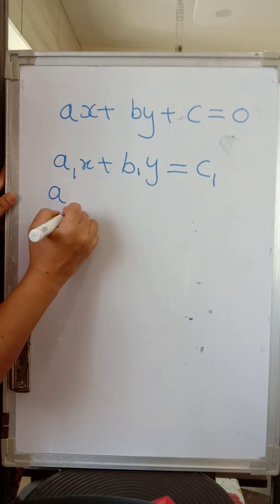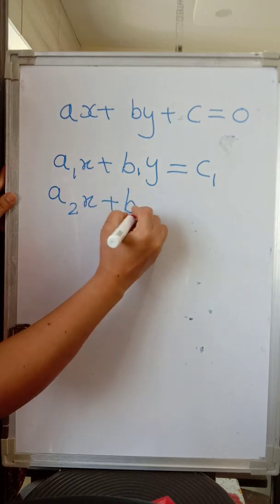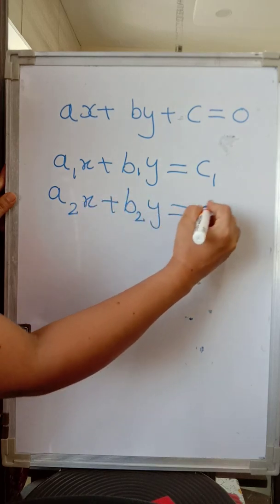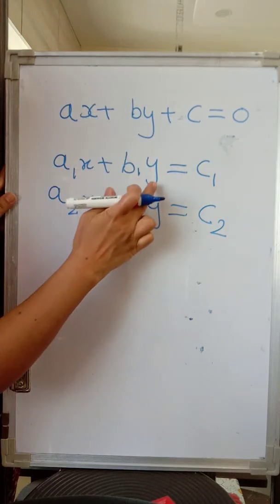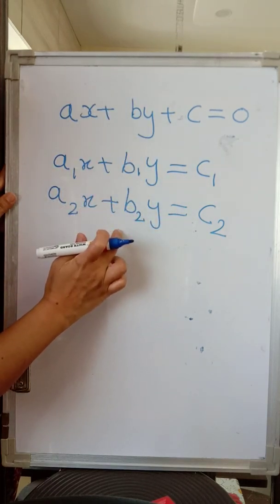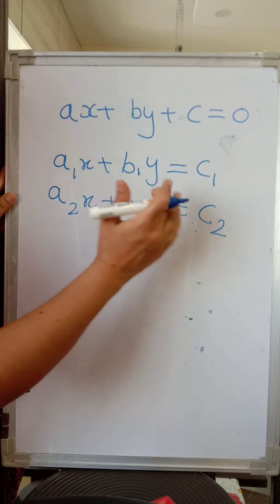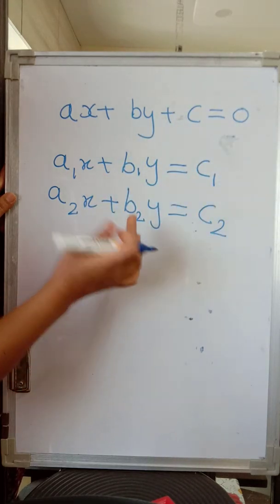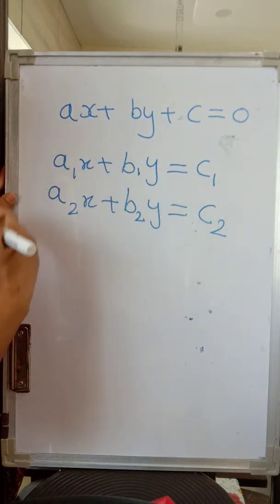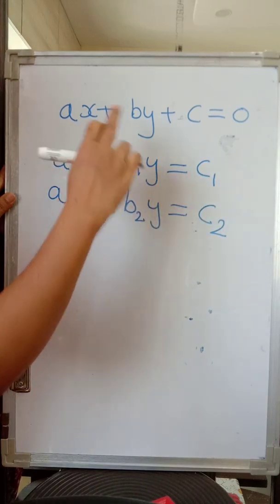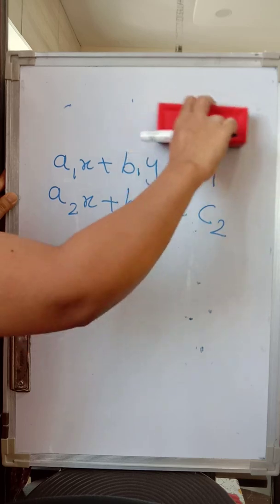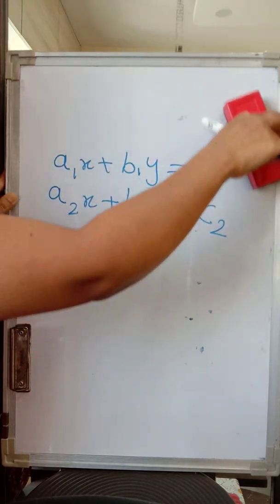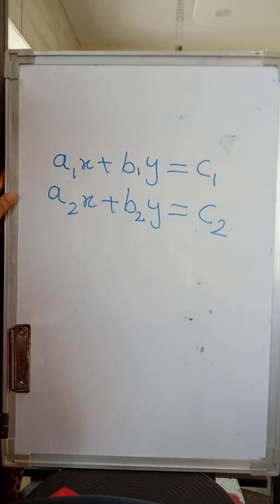The second equation will be a2x plus b2y equal to c2. If the equations are given in another form, you have to first convert both the equations into this form. That means the constant number should be on the right hand side. Only x and y should be on the left hand side of the equal to sign. The general form is not expected in the determinant method.